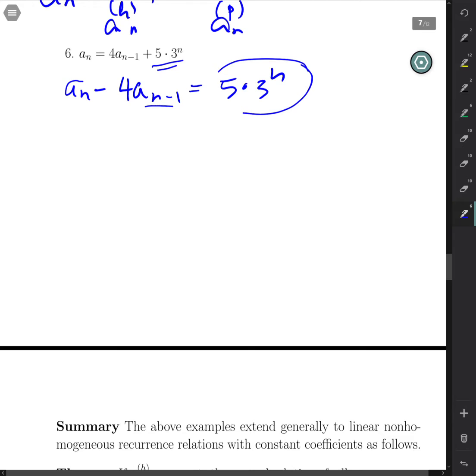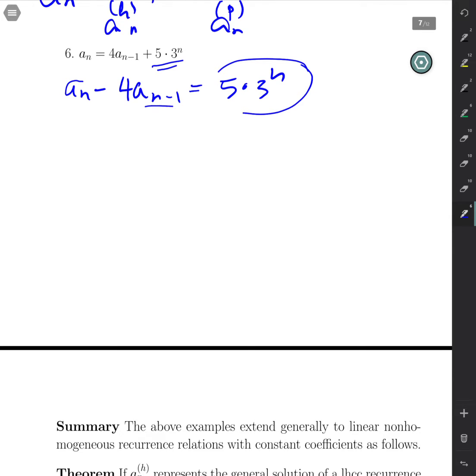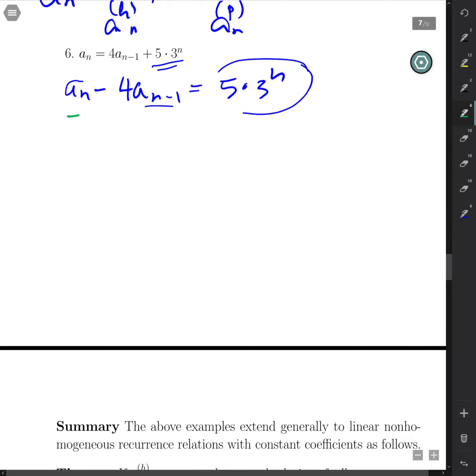In other words, in a situation like this, one thing to try is an superscript p equal to something like c times 3 to the n, a constant times 3 to the n. And if you put that into the equation here, you'd have an minus 1 super p would be c times 3 to the n minus 1.